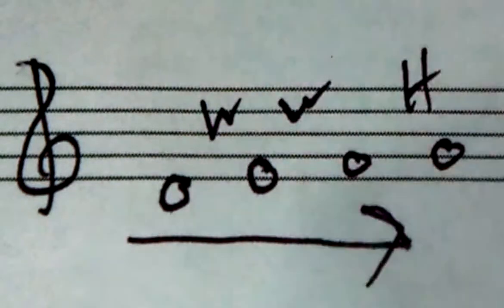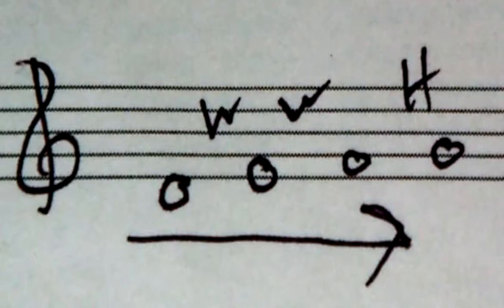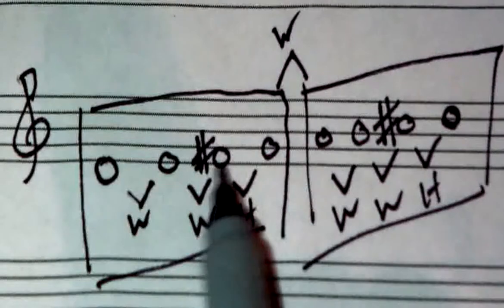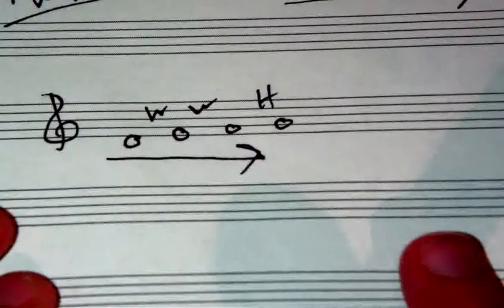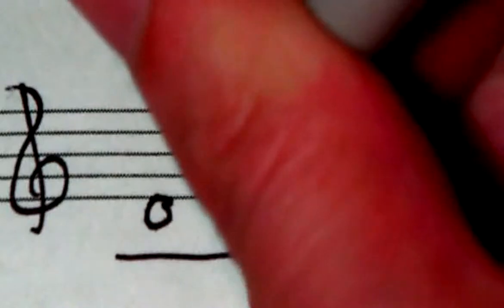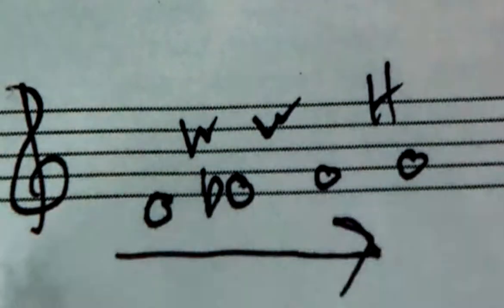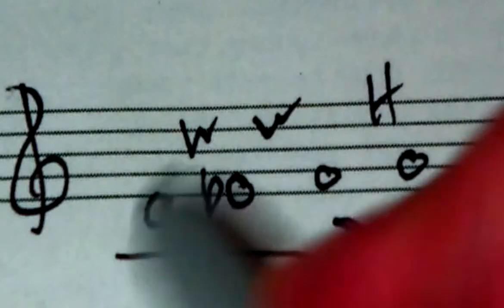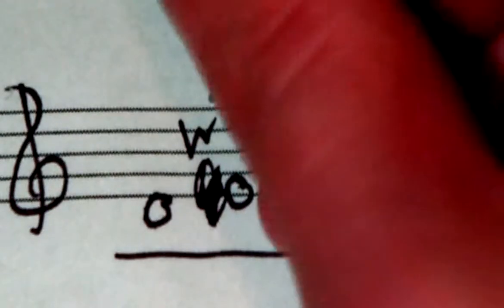Now, I understand that there are two ways that we can augment that interval to create a whole step. We could either do what we did before and sharp that F, or we could flat the E. Flatting the E, moving from E flat to F, would create a whole step. However, that has now changed everything that goes on before. So we can't do that. That gets a frowny face, right?